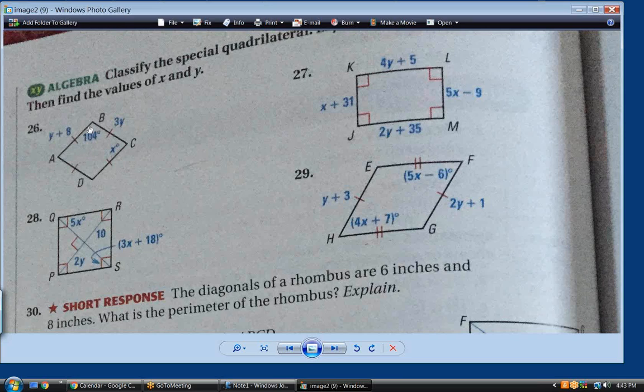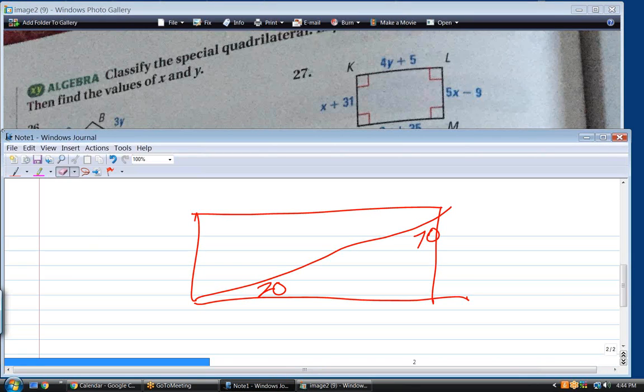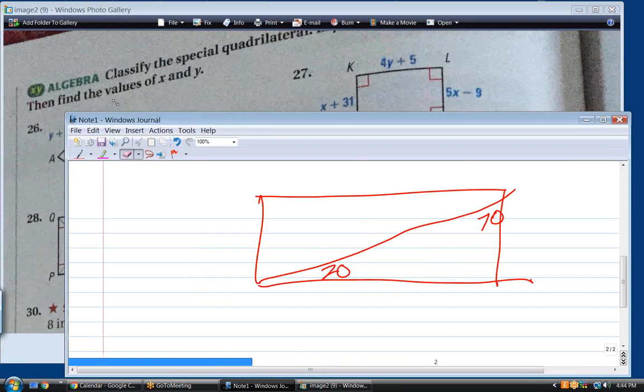Okay. So this has a 104-degree angle. It looks like a right angle, but they've labeled it, so we know it's not. But okay. It has 4 equal sides. What kind of a quad is that? What quadrilateral has 4 equal sides?